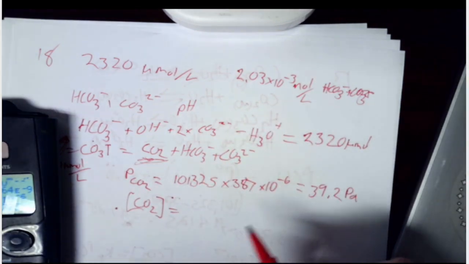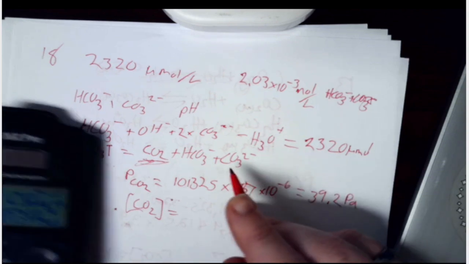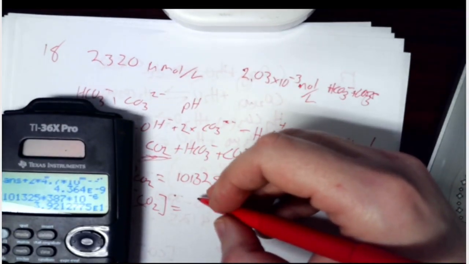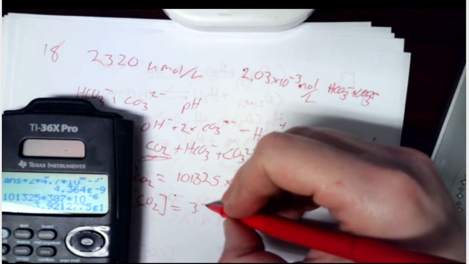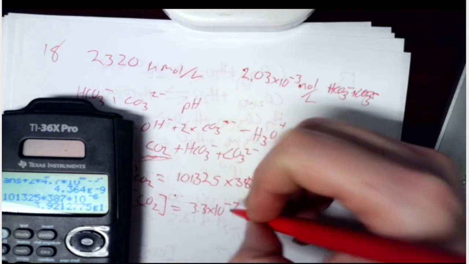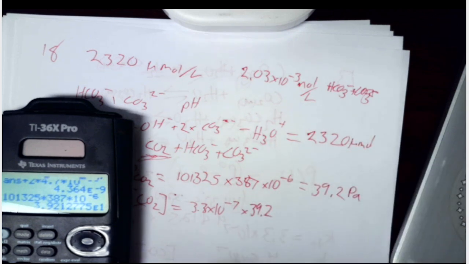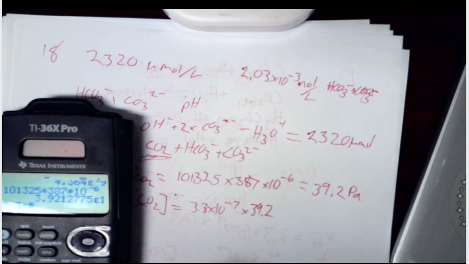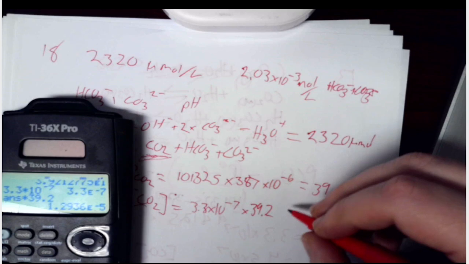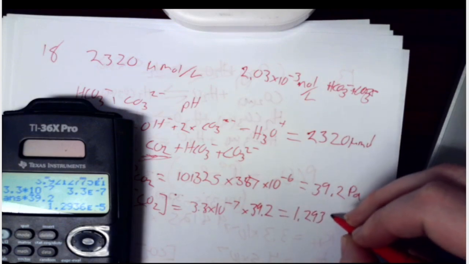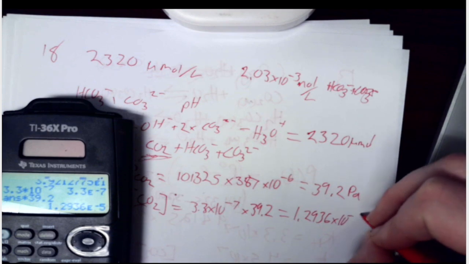So the CO2 concentration would be, hypothetically, KH, 3.3 times 10 to the negative 7, times 39.2, which is 1.294 times 10 to the negative fifth.